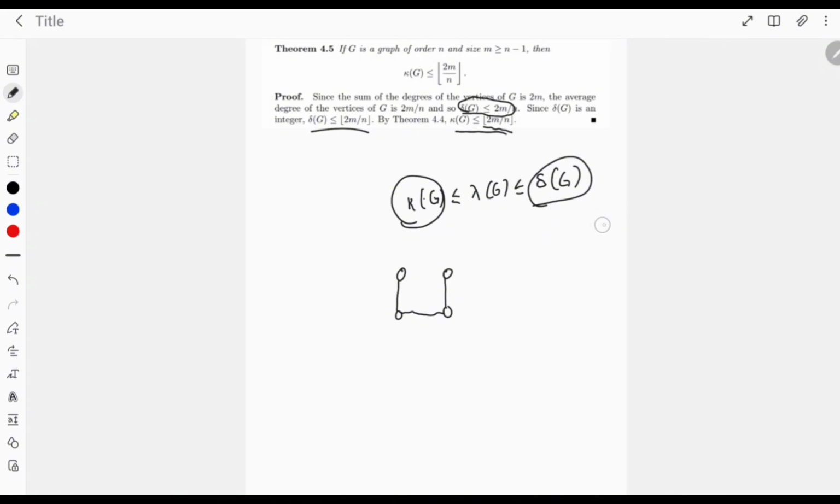For the size, it's the number of edges in a graph. We have here 1, 2, 3.